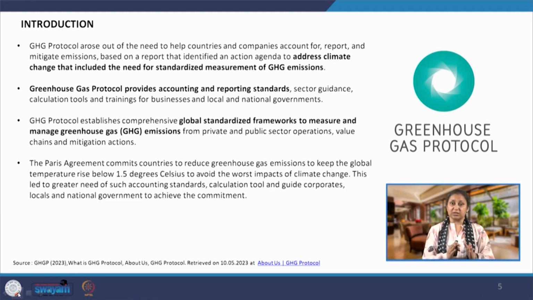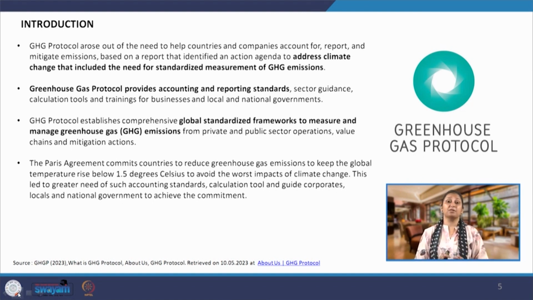This is what this particular protocol provides us, accounting and also reporting. Because there has to be a reporting mechanism, a measurement mechanism, and also some sort of framework which is binding for everybody to reduce.